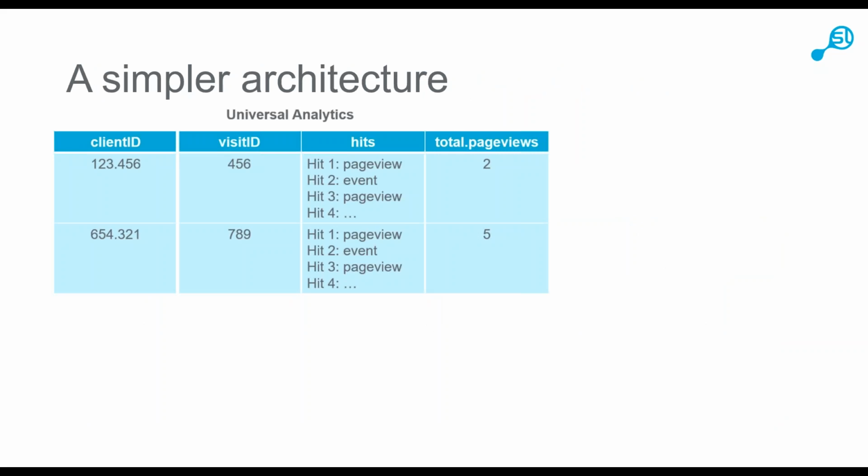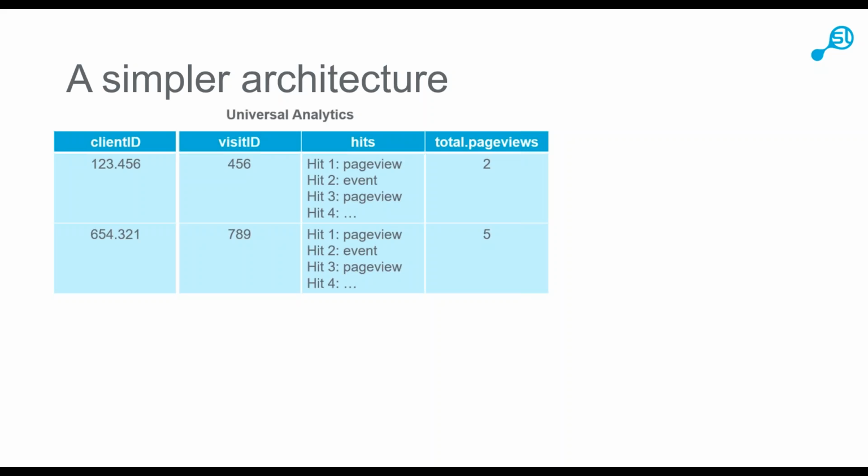The next big difference is a simpler architecture. What we see on screen now is how current Universal Google Analytics does this. As you probably all know, every time someone views a page or does an event on a website or an app, it sends all these hits, and Google periodically sessionizes those hits into a session.